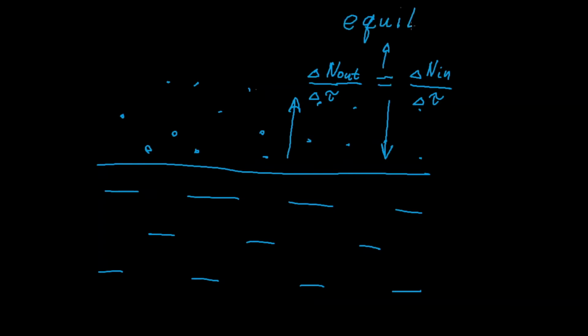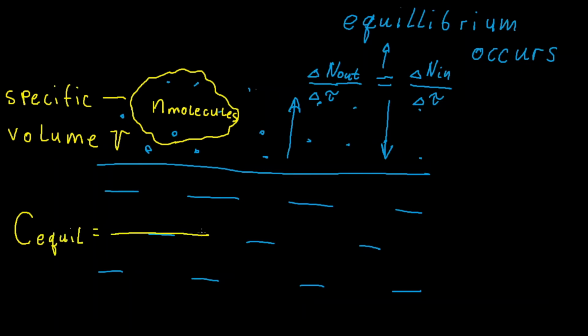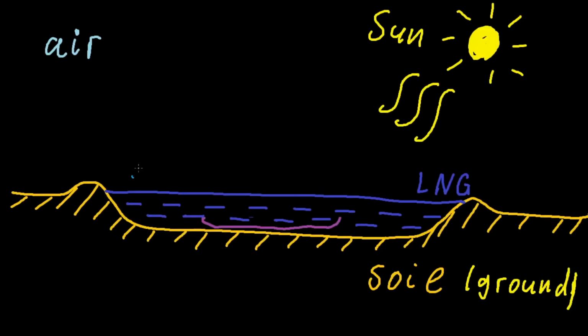So, the equilibrium state can be characterized by a certain amount of molecules in a unit volume, or concentration. The greater the concentration of substance in the vapor phase compared to the equilibrium concentration, the greater the amount of molecules coming to the liquid phase, and vice versa. So this is the moment when diffusion starts to work.